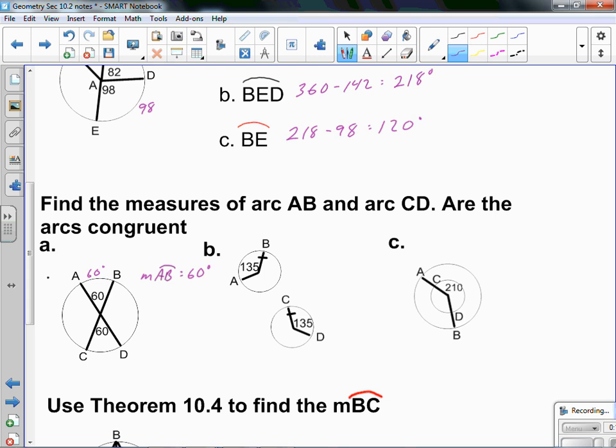Should be 60 degrees. Measure of CD also appears to be a central angle, so it should be 60 as well. And so there are two arcs with the same measure in the same circle, so arc AB should be congruent to arc CD.